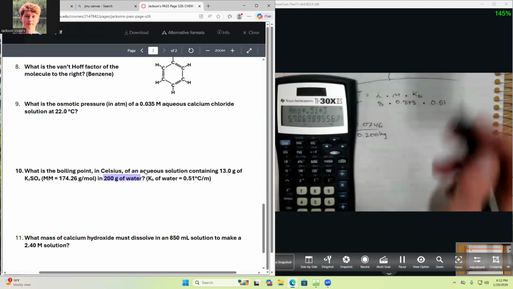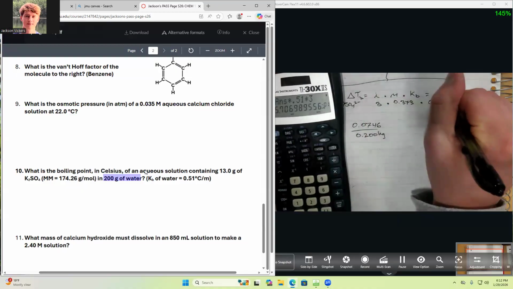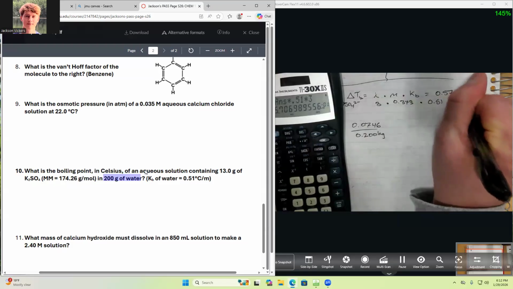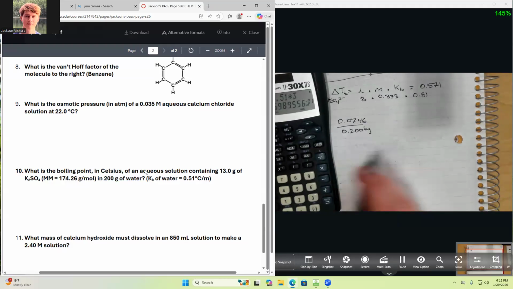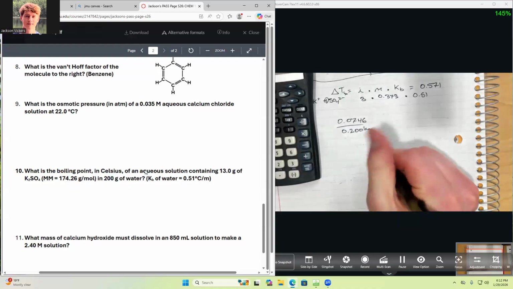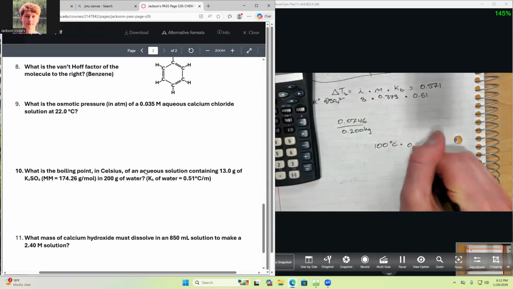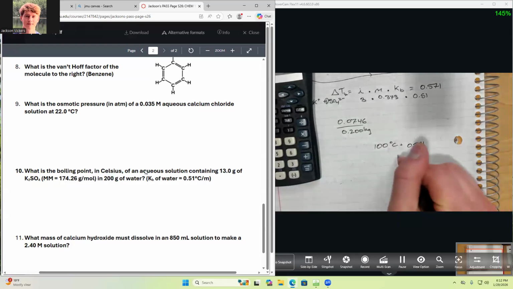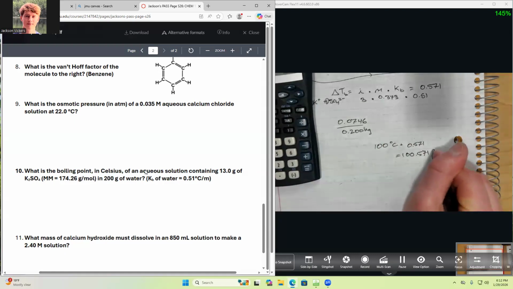And then overall for this delta T boiling point, I got 0.571. Would that be the answer to this problem? No, why not? Exactly. We have to find out what the new boiling point is. So boiling point in Celsius, 100 degrees Celsius, it's always going to be plus whatever we got there if it's boiling. So the answer would be 100.571 degrees Celsius.